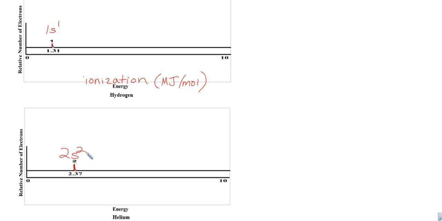Removing the electrons in helium requires more energy than hydrogen. And we could explain that again in terms of like electron configurations and atomic structure, that helium and hydrogen are both filling, whoopsie, I wrote a 2. That's a 1. My bad. 1s2. They're both filling the first energy level.